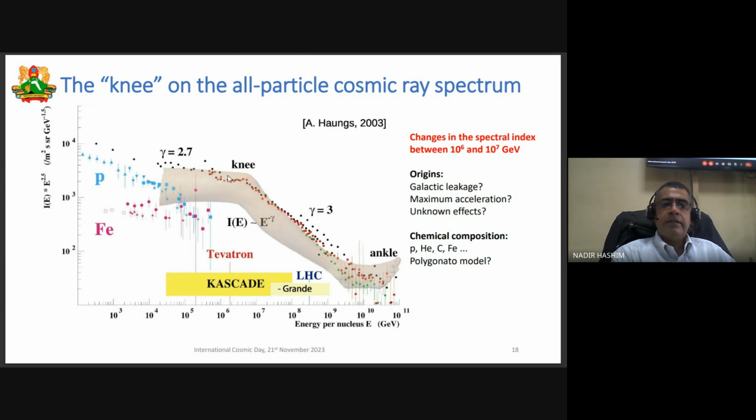On the knee, there is the famous polygonato model. That means the composition of cosmic rays is varied: particles of different masses, protons, iron, carbon, helium, and so on. They lose energy in different ways, and it leads to changes in the spectral index.